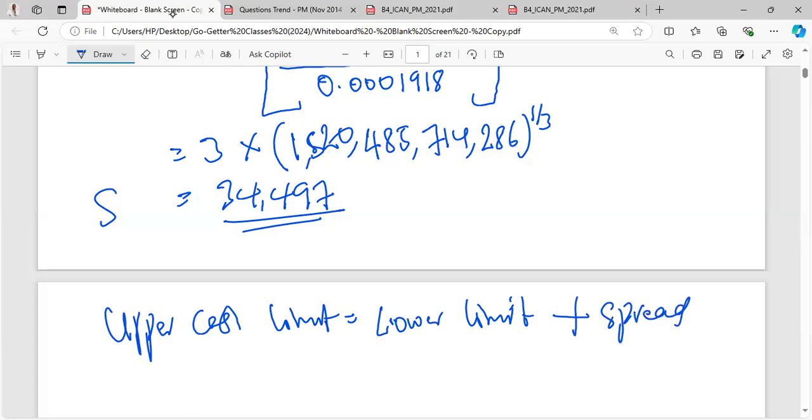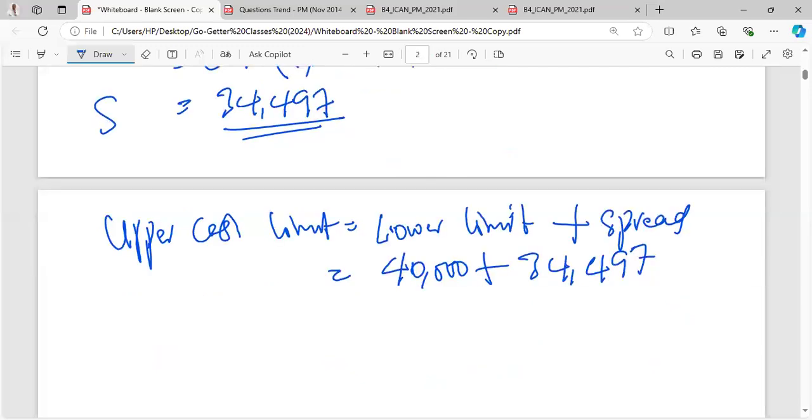So it means lower limit is 40,000, spread is 34,497. So that will give me 74,497.